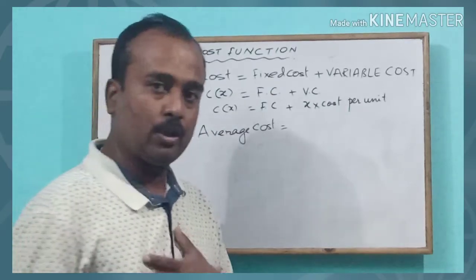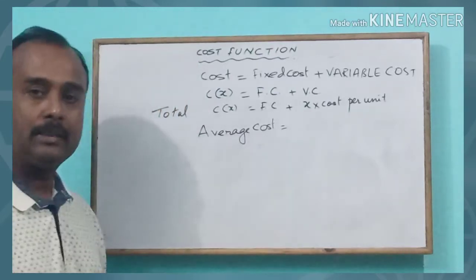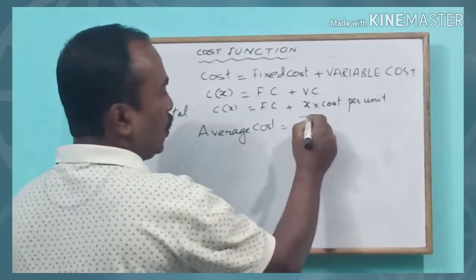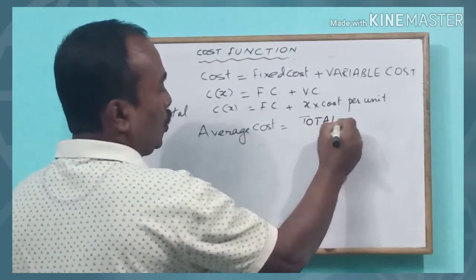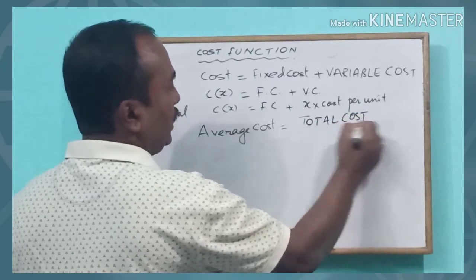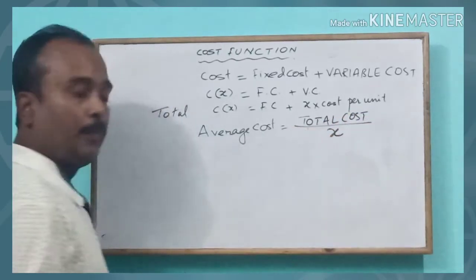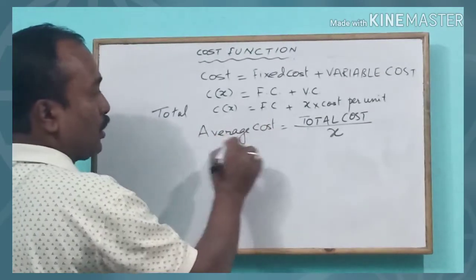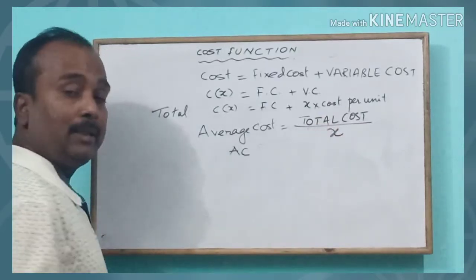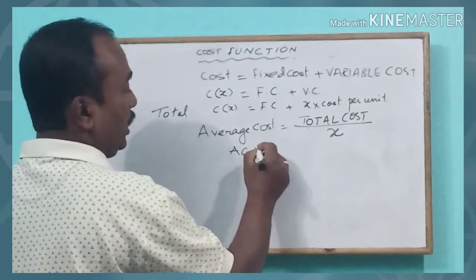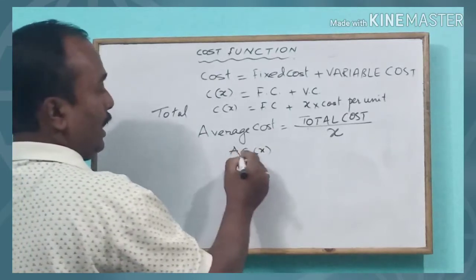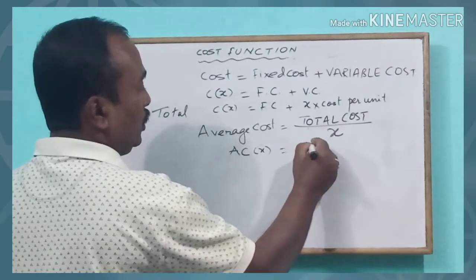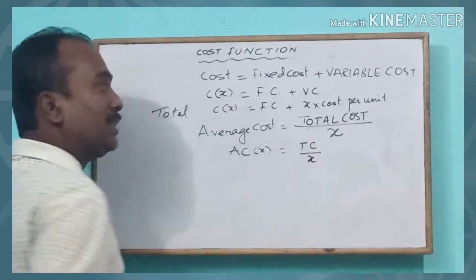We do not go into so much detail in mathematics; that you will understand in commerce or economics. Average cost is the total cost divided by the number of units produced. Since it is a function of x, we write AC(x), where x is the number of units produced, which is the total cost by the number of units produced.